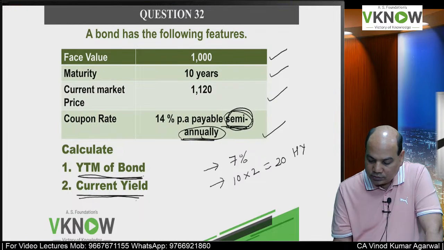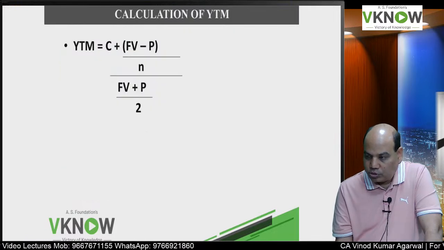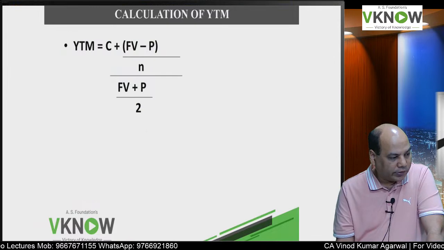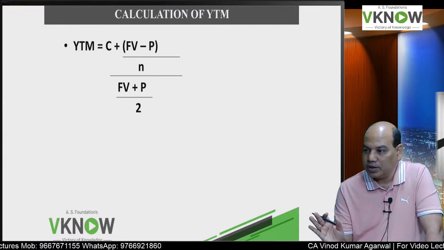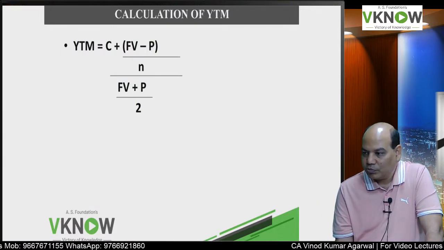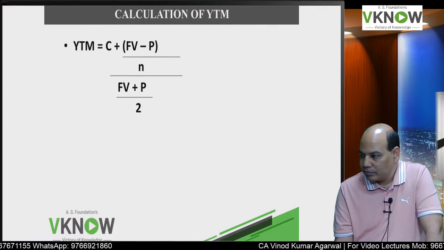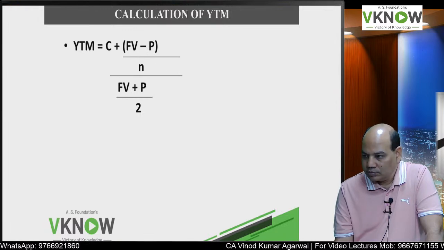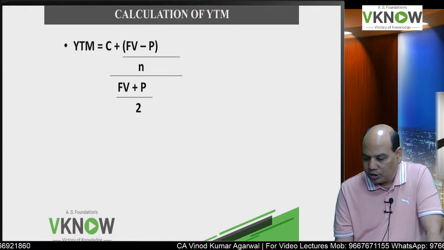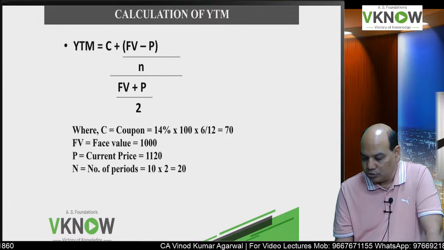You should practice so that you will be able to solve any type of question in the exam. More practice is better than less practice. More variety is better than less number of questions. So please write down the formula again. YTM is equal to C plus (FV minus P) upon N, upon (FV plus P) by 2.